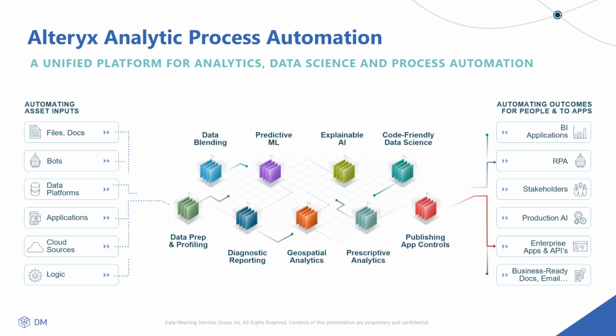At the end of the automation, you're also able to publish your data to business intelligence tools like Tableau or Power BI, or push to an RPA tool, like in our case, UiPath.